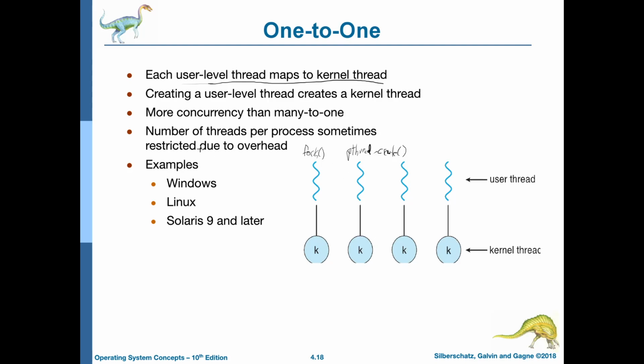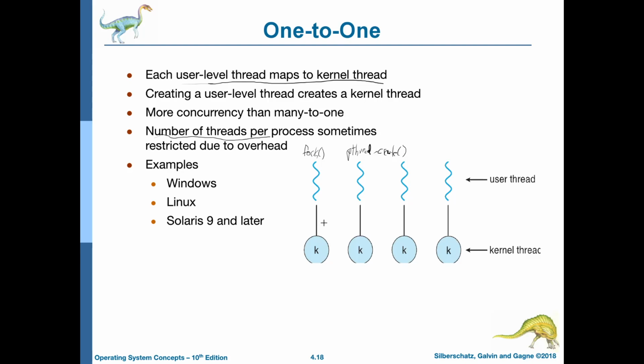Now, we also have an issue where we need to consider the number of threads. The number of threads that are created can potentially overwhelm a system. If we think of the many-to-one, if we create 10,000 threads, it really only creates one kernel thread. 10,000 threads is just a very large process that has lots of switching going on.